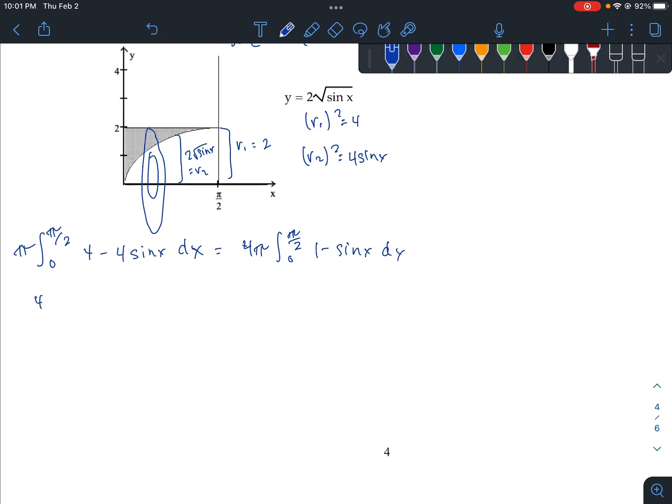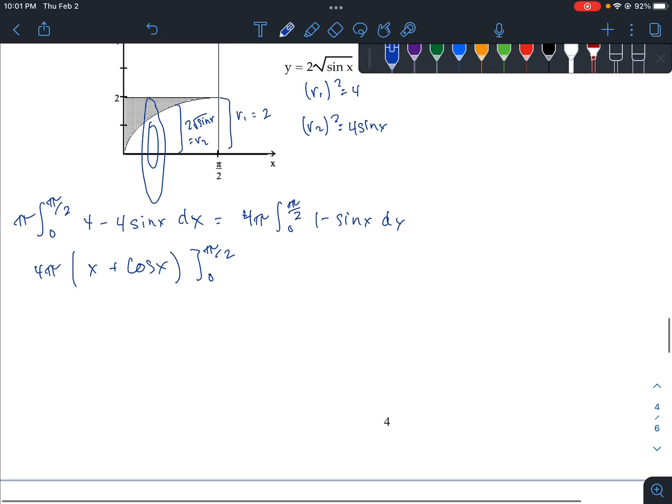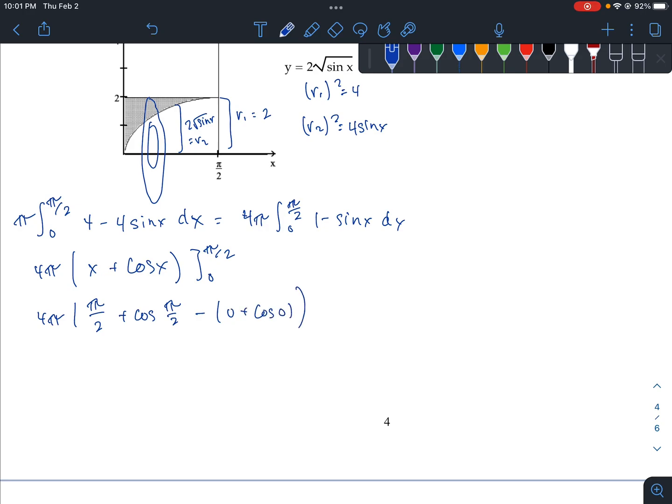Okay, so we have 4 pi, and then that's going to be x, and then that's going to be plus cosine of x for the antiderivative. And this is from 0 to pi halves. And then let's evaluate. So I'll have 4 pi, and then I'll have pi over 2 plus cosine of pi over 2, and then I'll subtract 0 plus cosine of 0.